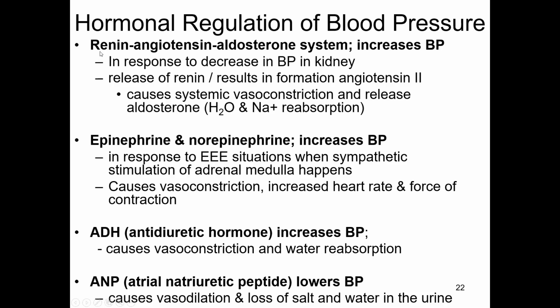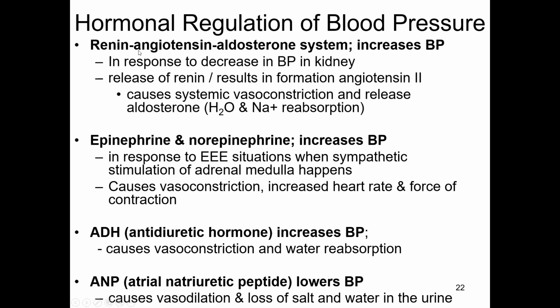And the last set of hormones, this is the most complicated case, hormones increasing blood pressure. In our kidneys, there is a group of cells that detect low oxygenation, low oxygen supply. And some of those cells, in response to that low oxygenation, hypoxia conditions, will create an enzyme called renin, release it into blood.